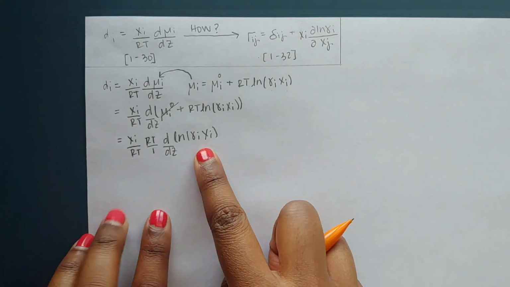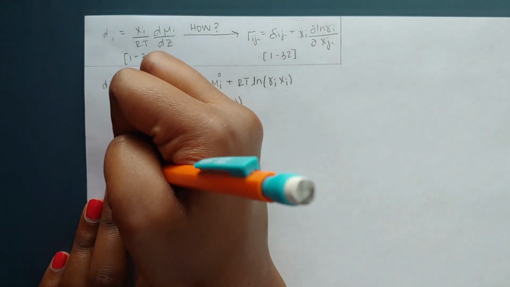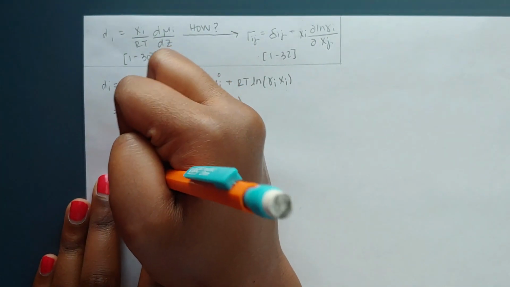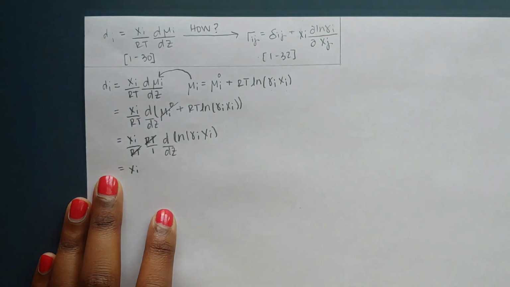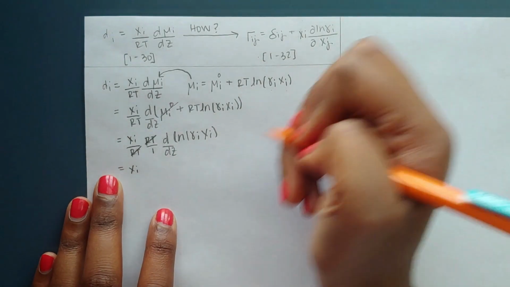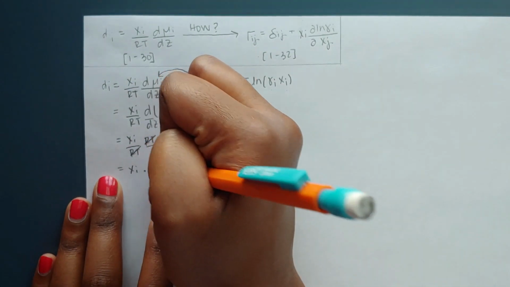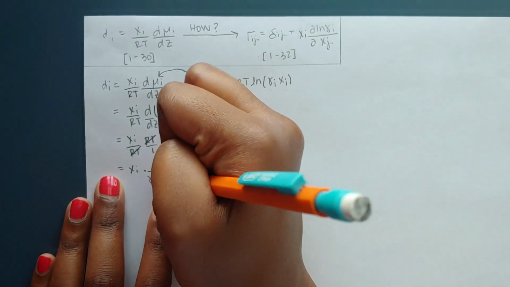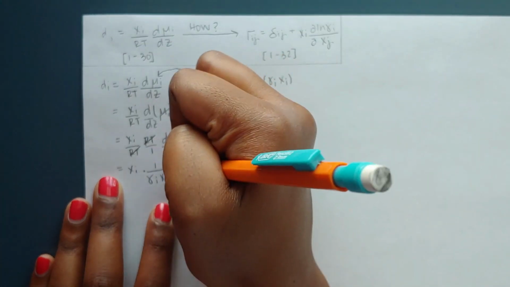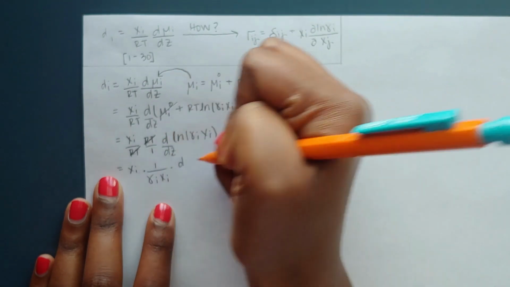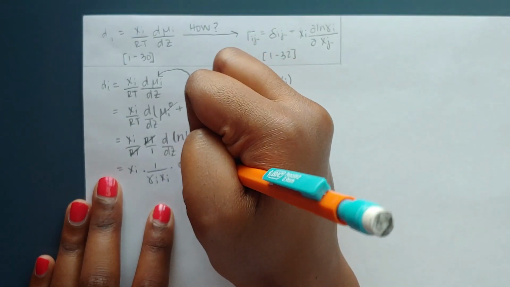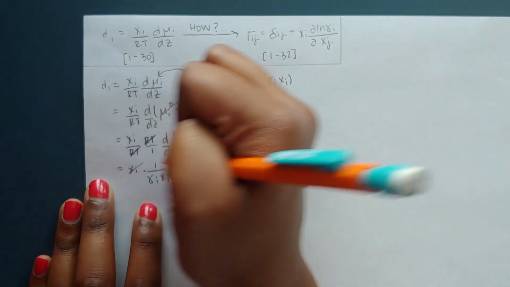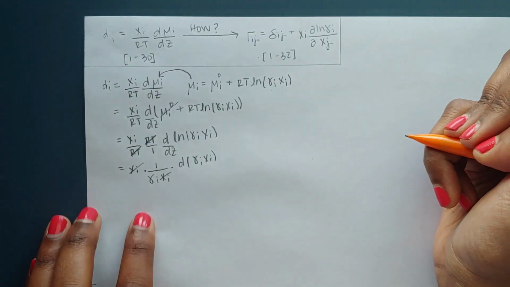So now we're going to be taking the derivative of this part. We can also do some canceling of our RTs. So we'll have xi multiplied by the derivative of natural log of gamma i xi. And again, we can do some canceling.